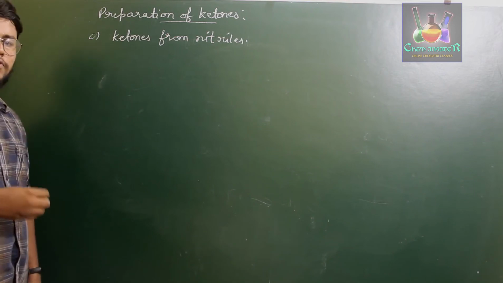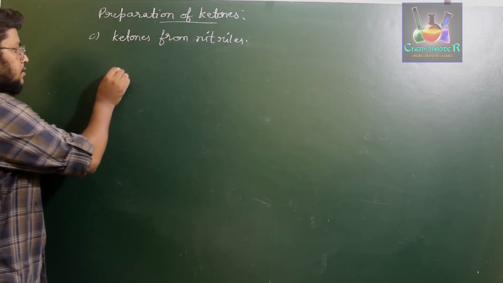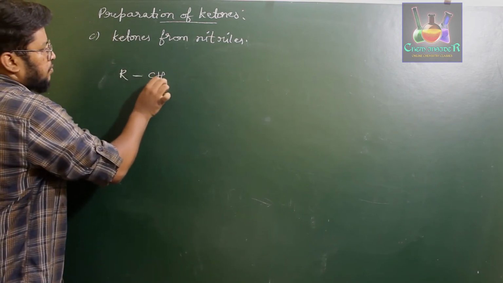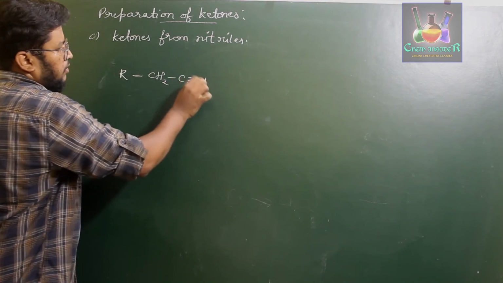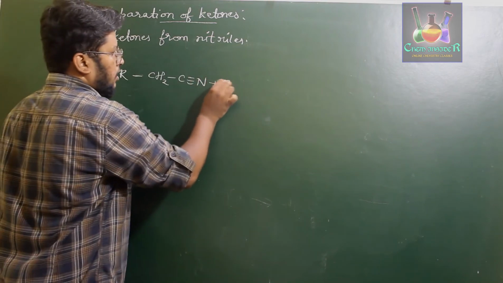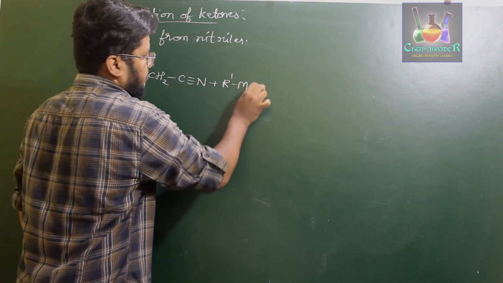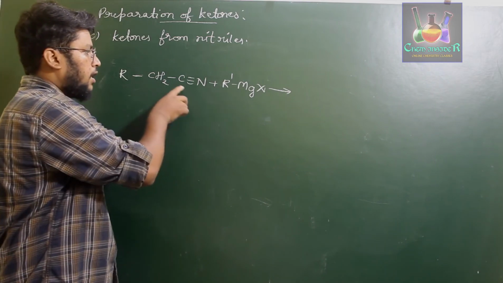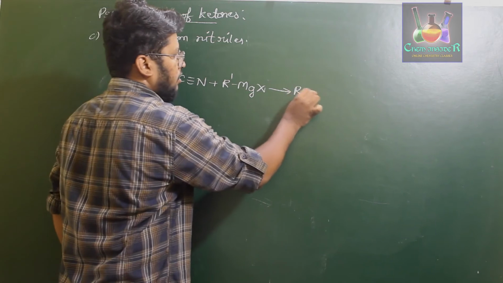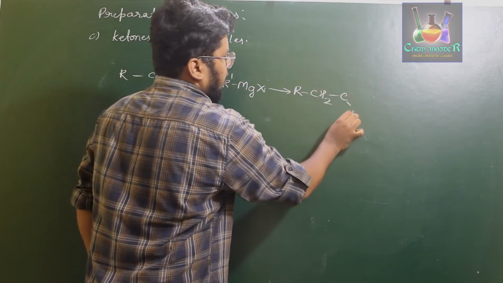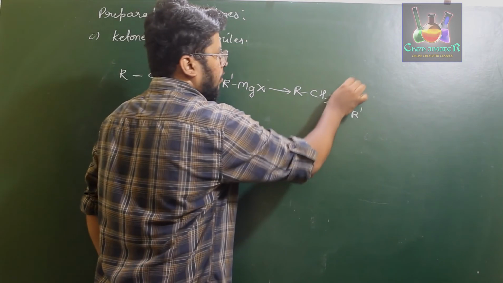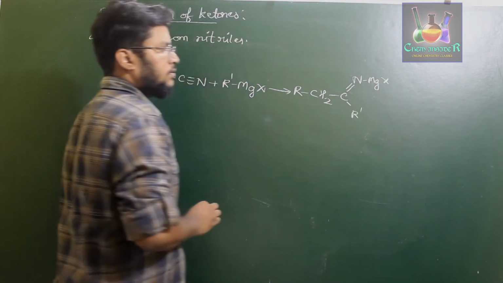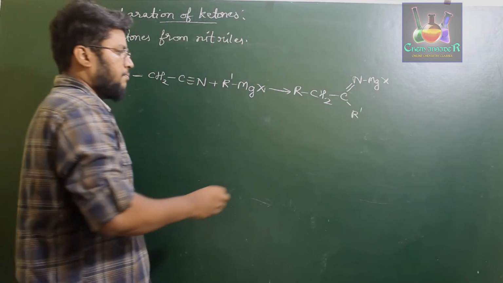Now, for the preparation of ketones from nitriles, we are going to treat RCH2C≡N, that is nitriles, with Grignard reagent R'MgX. When you treat them with Grignard reagent, the alkyl group will attack the carbon atom, forming RCH2CR'=N MgX.